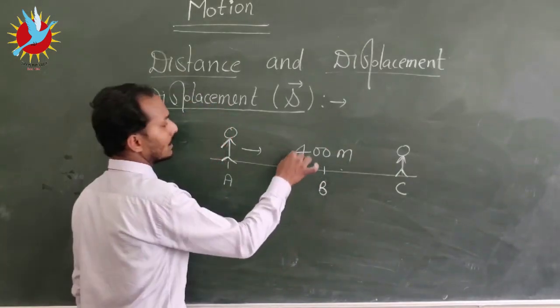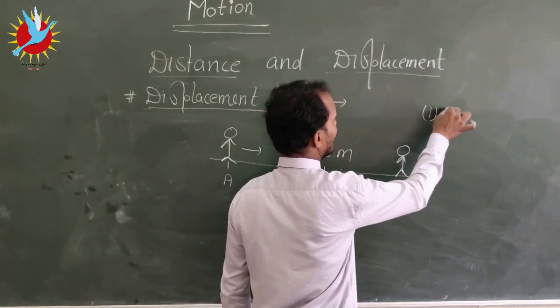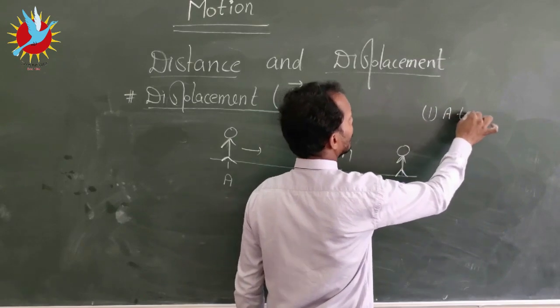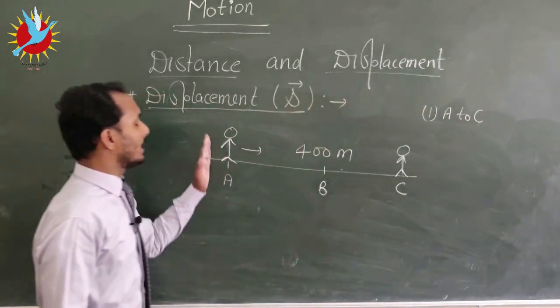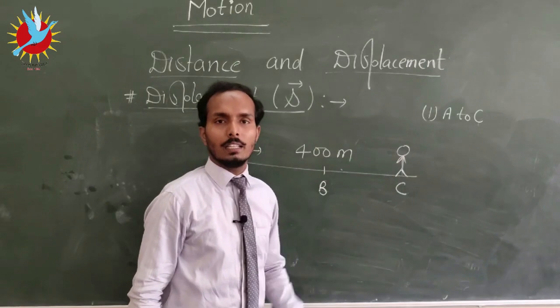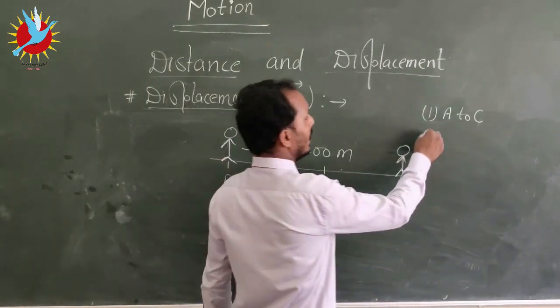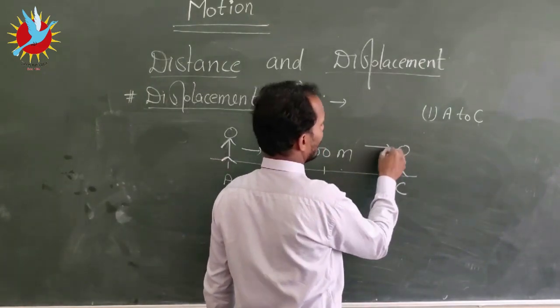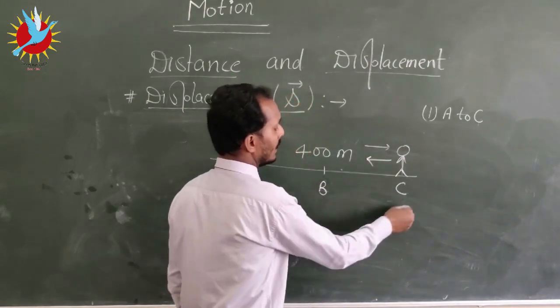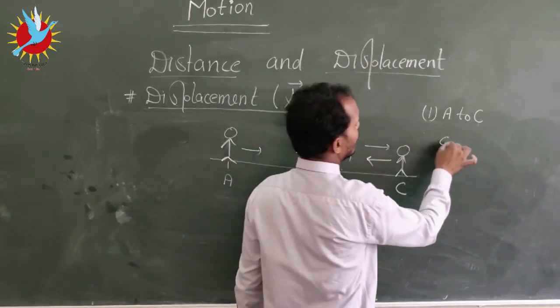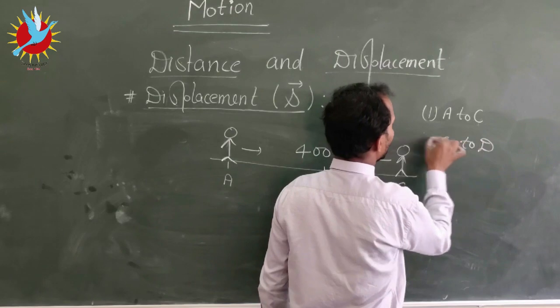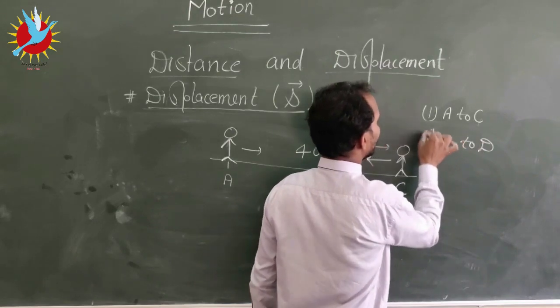So the first case is it goes from A to C, then it returns back from C to D by following the same route.